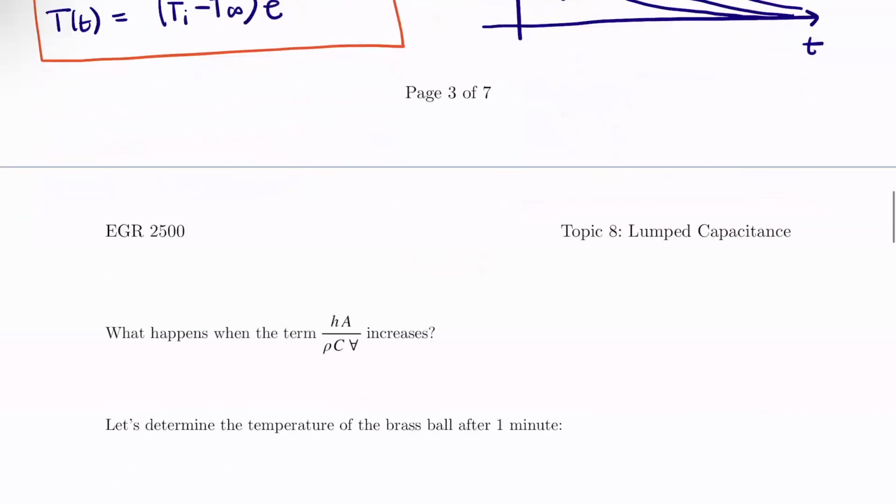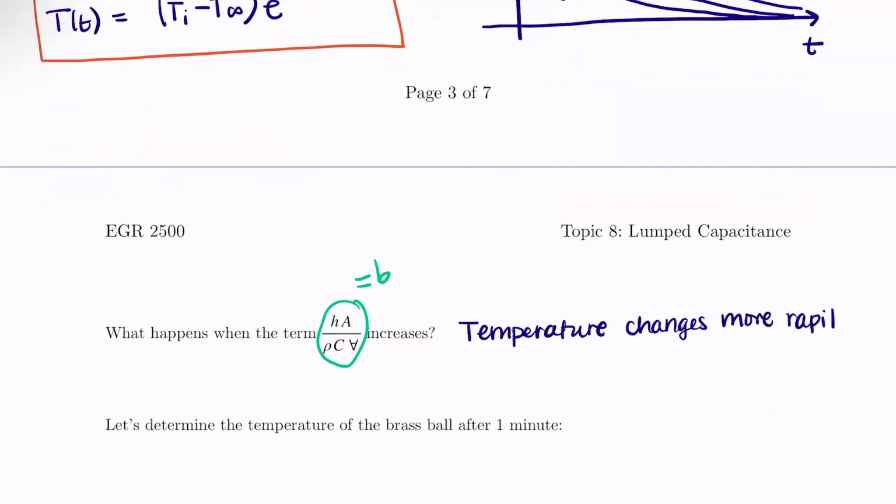Okay, so when this term, this is b, increases, then we find that the temperature changes more rapidly. And if you look at what this grouping of parameters is, that makes sense, right?